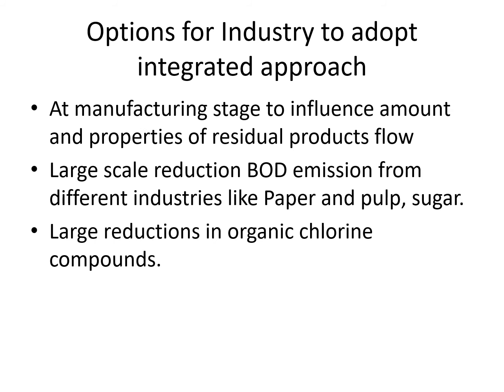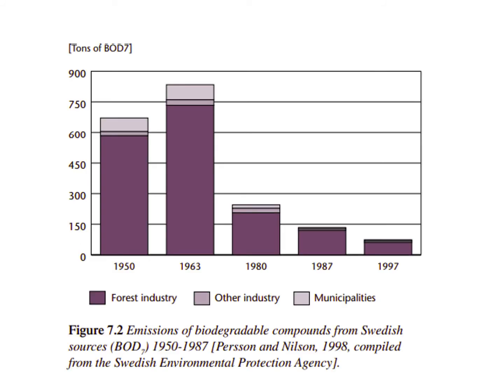So now I will show a graph with the help of which you can understand how much emissions have been reduced. If you see BOD being the major emission, observe that in this Baltic region, Swedish country, the data provided is like this.